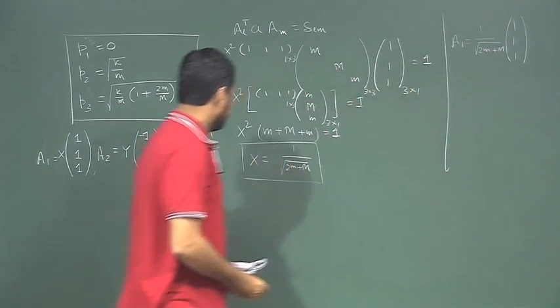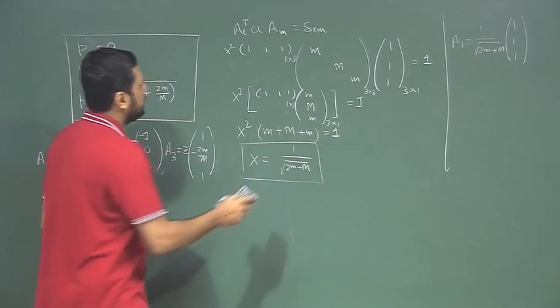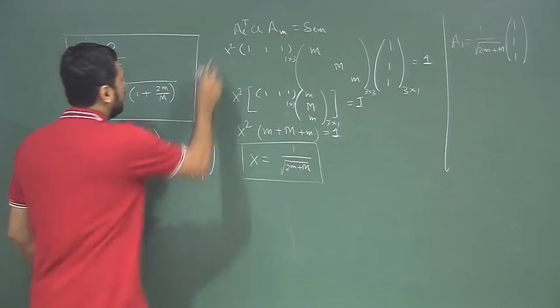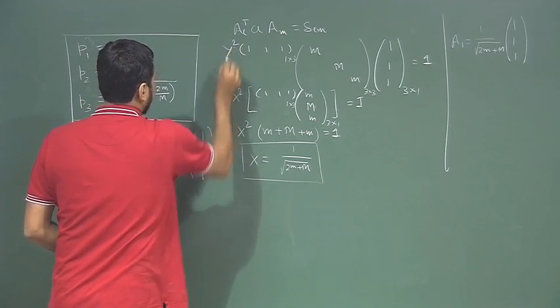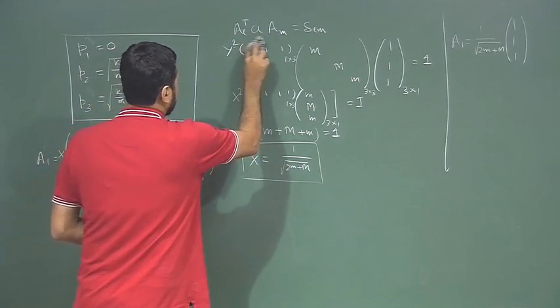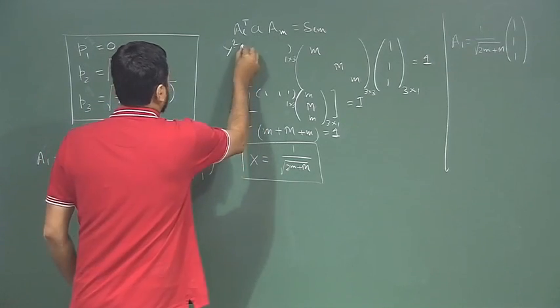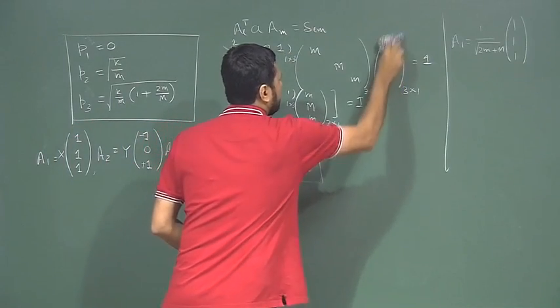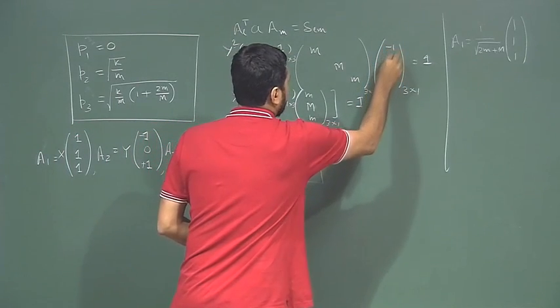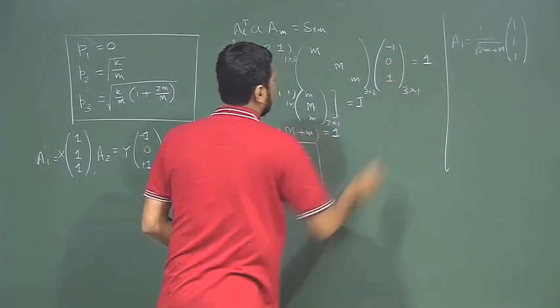Good. Now, let us repeat the same procedure for this one. It will be y square times (minus 1, 0, 1), similarly (minus 1, 0, 1).